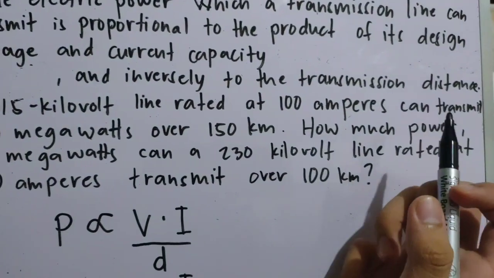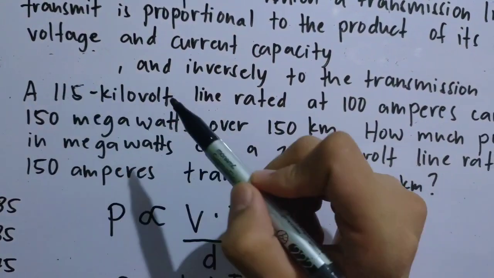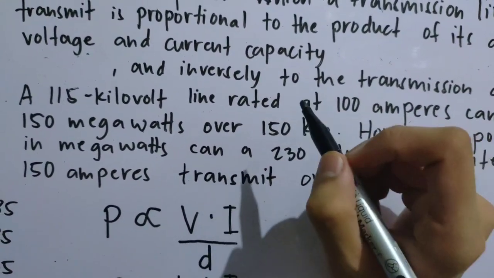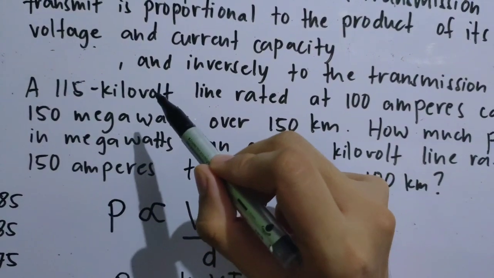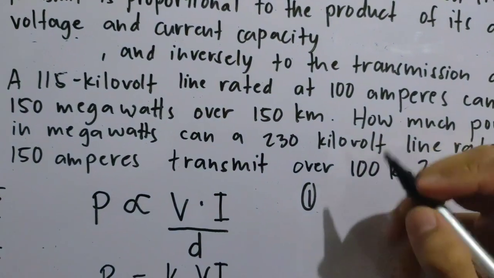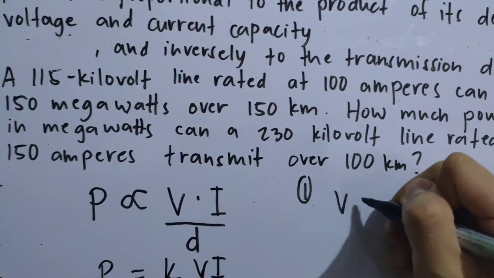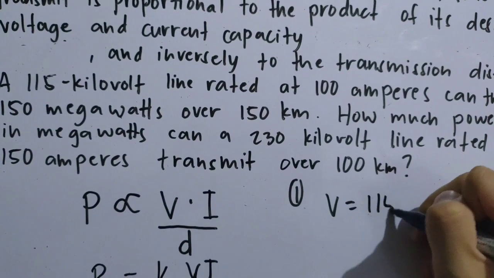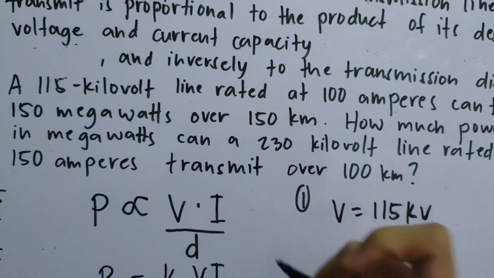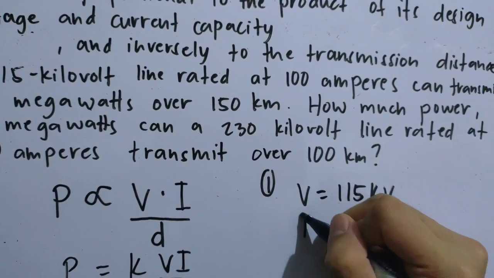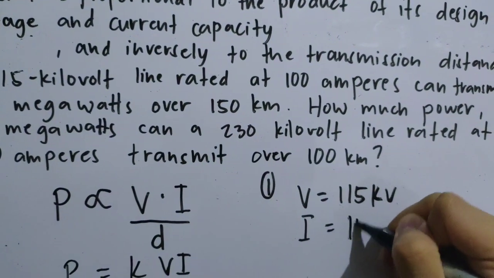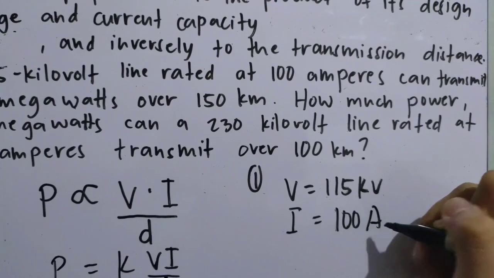Then it says a 115 kilovolt line. So in our first condition, the voltage is 115 kilovolts, rated at 100 amperes. So the current is equal to 100 amperes.